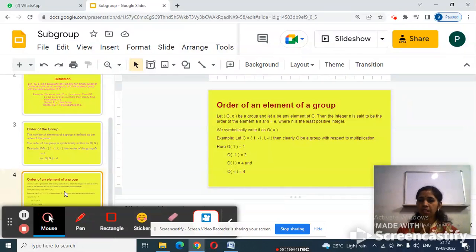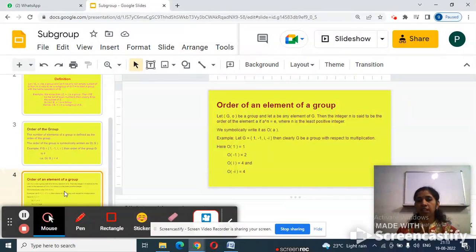Now with the same example, if G = {1, -1, i, -i}, then G forms a group with respect to multiplication. Here, if we take the first element 1 of G, then we easily see that 1 to the power 1 gives the identity element. Clearly 1 is the identity element of G for multiplication.